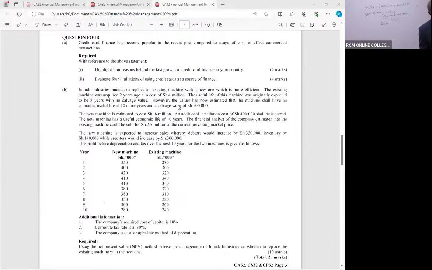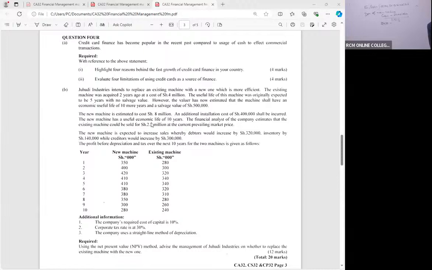Go to paragraph number 2, where now they're giving us information about the new machine. They're telling us the new machine is estimated to cost 8 million. An additional installation cost of 400,000 should be incurred. The new machine has a useful life of 10 years. The financial analyst of the company estimates that the existing machine could be sold for 2,500 at the current prevailing market price.